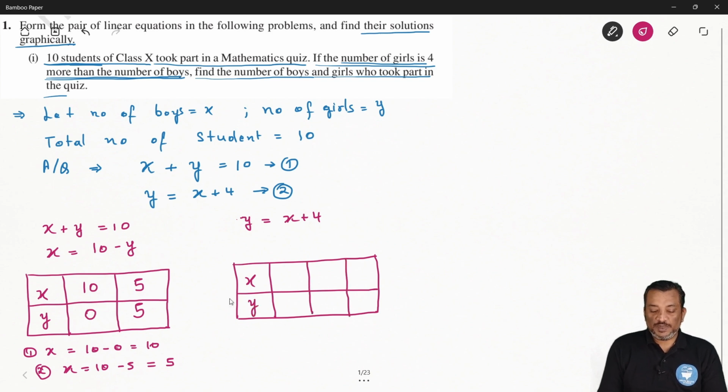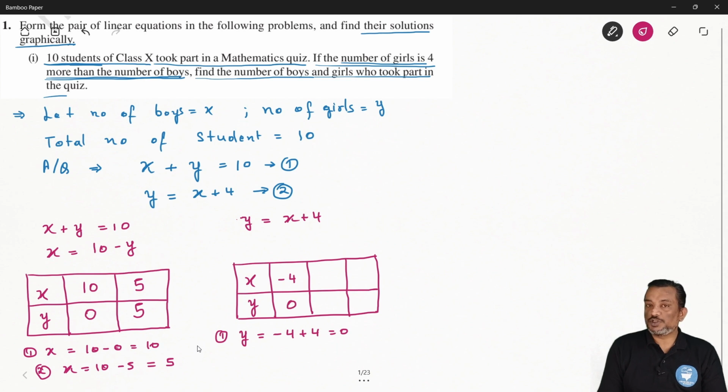Okay, so first x is equal to 4, let's take x is equal to minus 4. Then y is equal to minus 4 plus 4, so you will get 0.